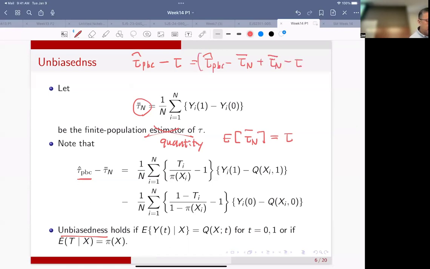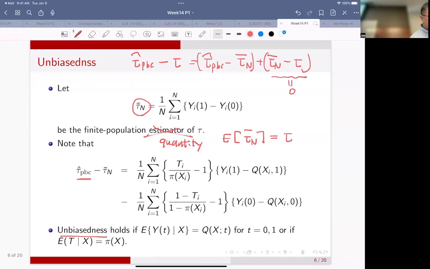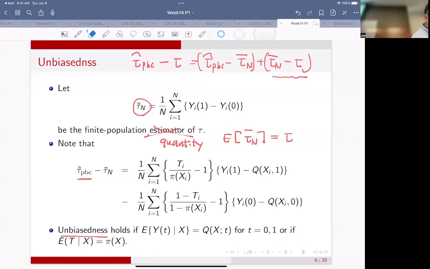I want to decompose it into two parts, and the second part is an unbiased estimator of zero, no matter what. In order for this to be unbiased, the goal is to show that this is an unbiased estimator of zero. So we have only to check this guy.